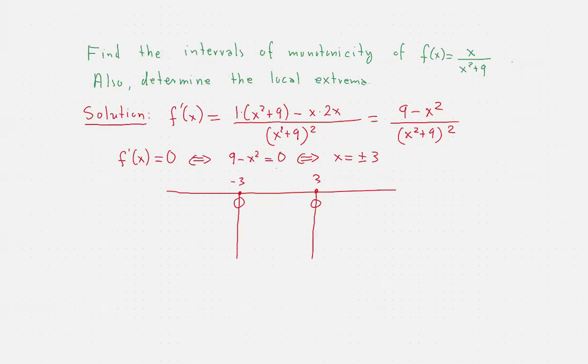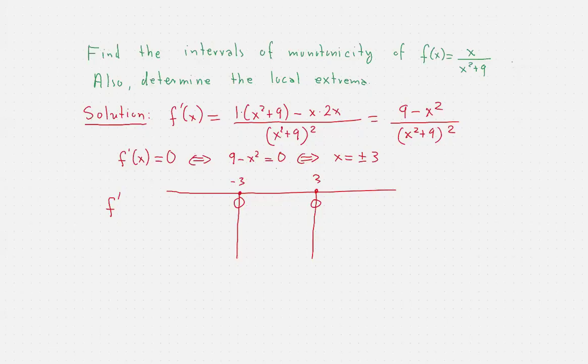So all we need to do is just plug in, actually the key behind the statement is continuity. We have a continuous function. So what we need to do is just plug in a number from each interval and figure out what the sign is.